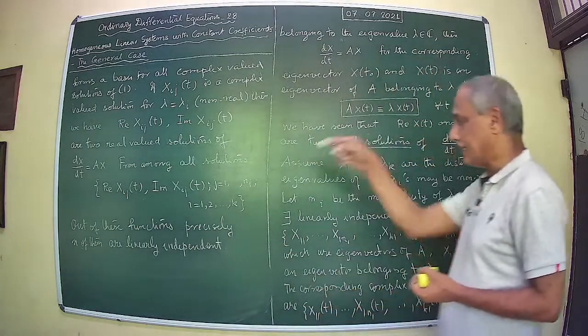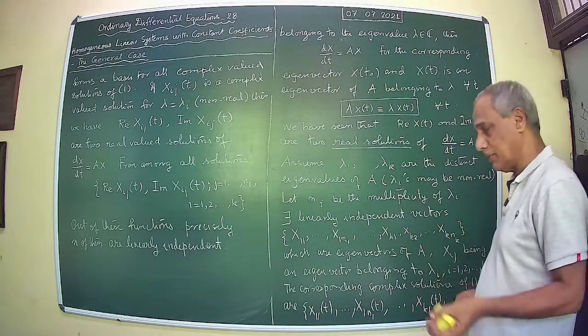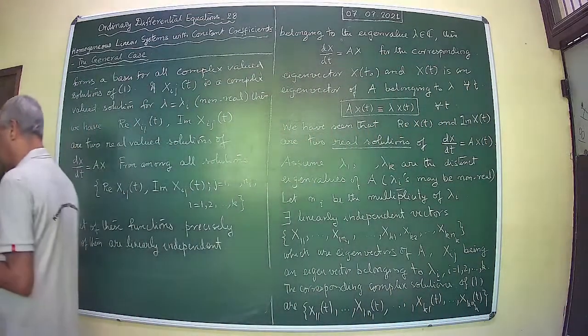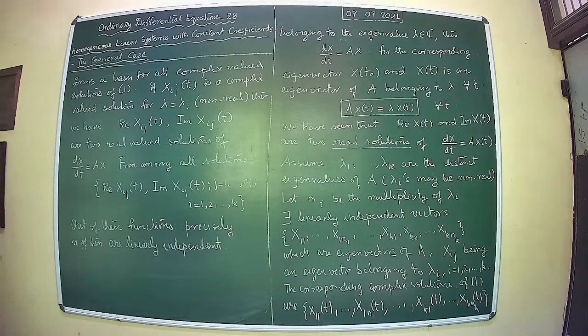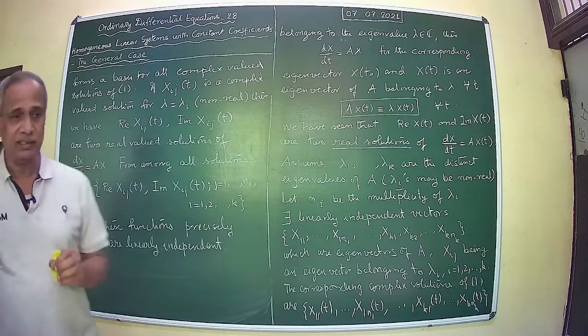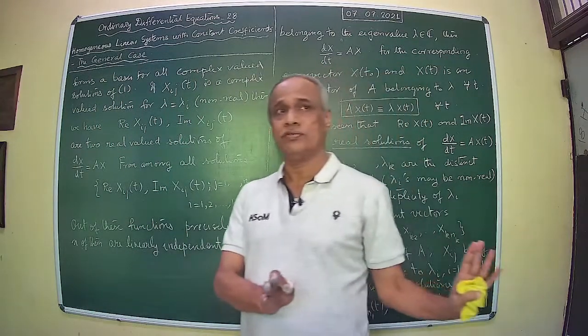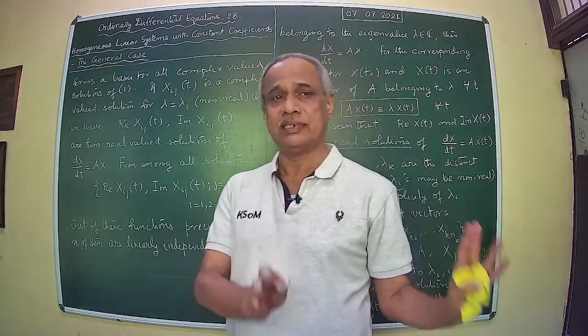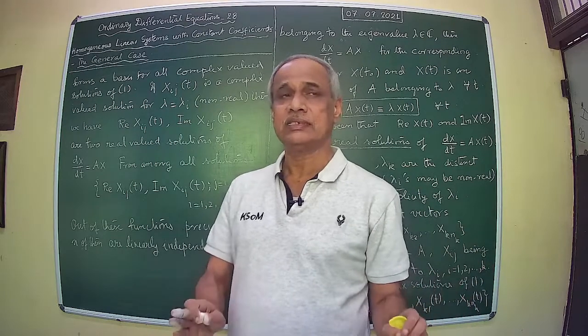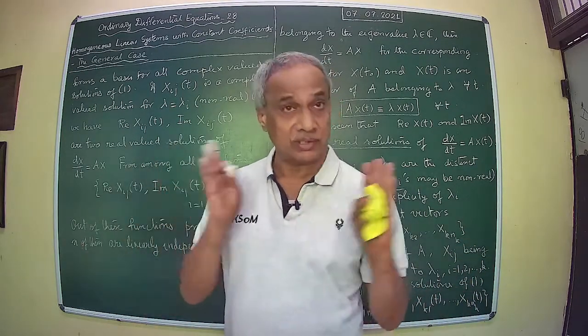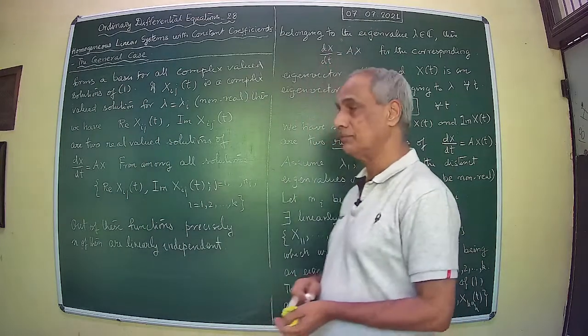Now you take the real part and then you have now a class of real valued solutions of the equation. And does it give you a fundamental basis, or a fundamental set of solutions for the differential equation? Now this is the question that you have.